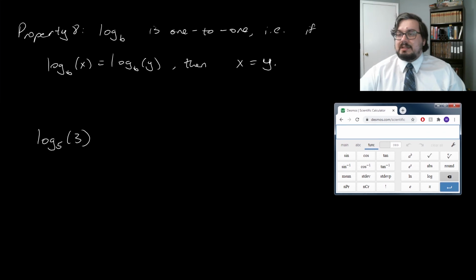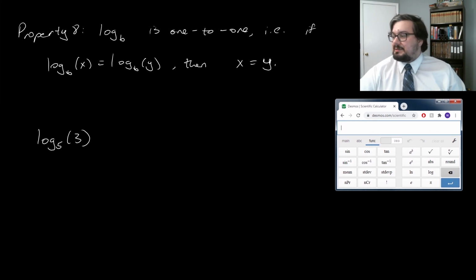For instance, on this calculator that I've used a couple of times, I have a LOG button, which is the common logarithm, logarithm base 10, and I have the LN button, which is the natural logarithm, logarithm base e, but I don't have a logarithm base 5 function.